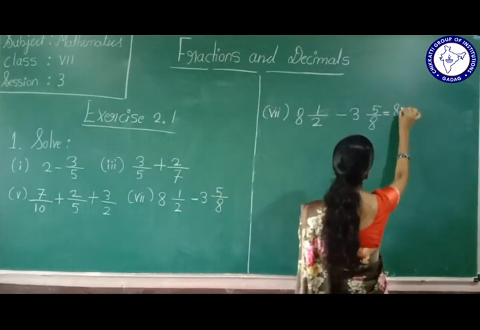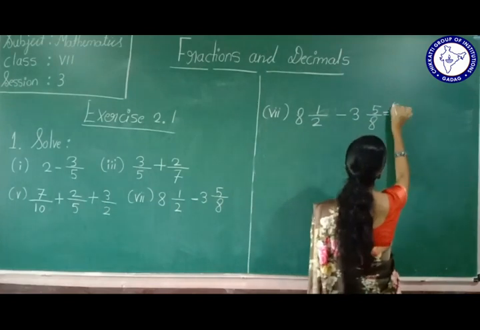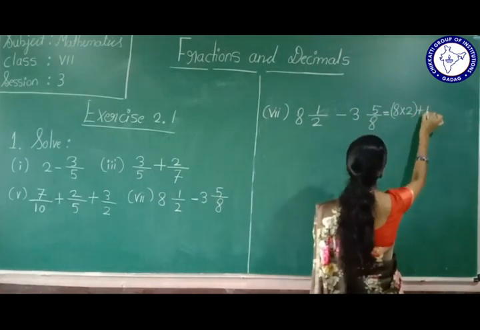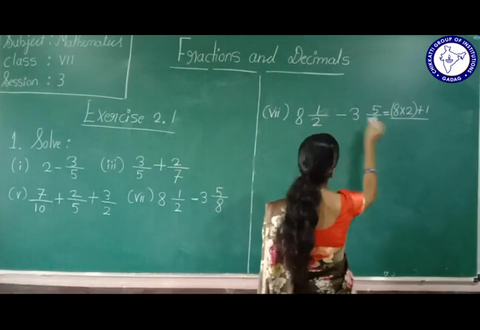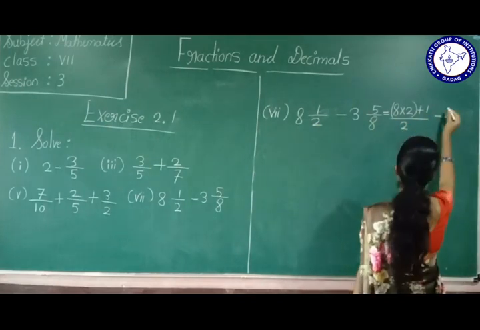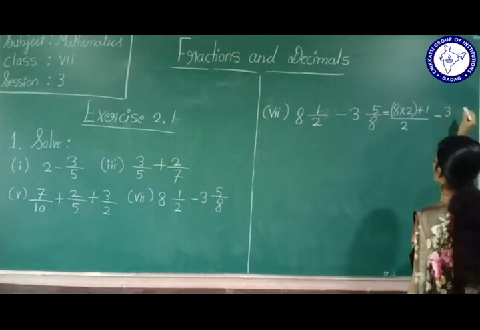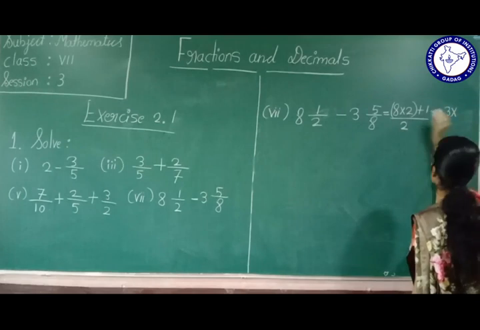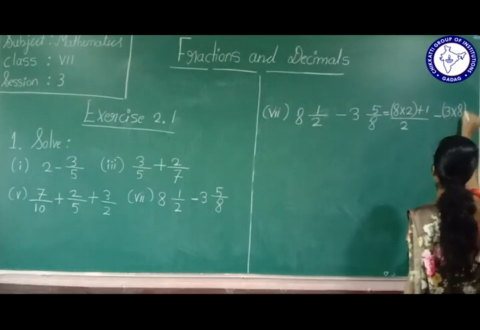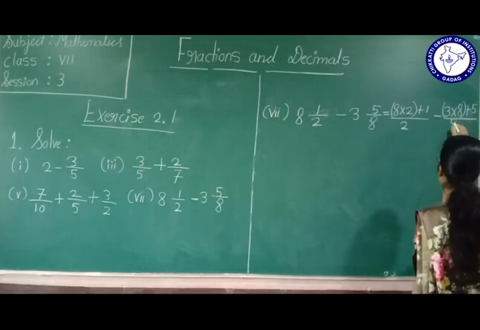Whole number multiplied by the denominator plus the numerator, divided by the denominator. Here minus is there, no? Minus. Again convert this into an improper fraction: whole number into denominator plus numerator divided by denominator.